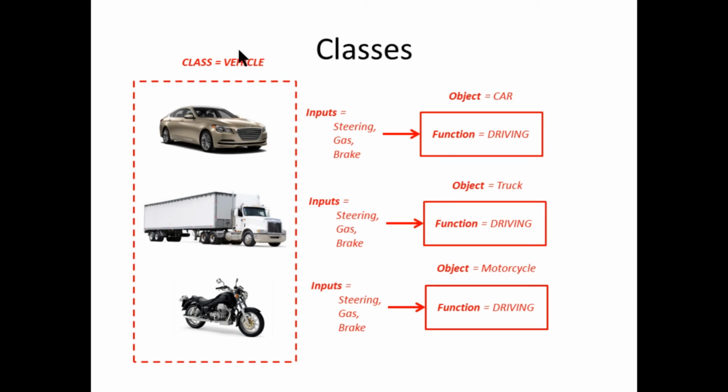Okay, so you can see that a vehicle can be defined as anything that does driving and has 3 inputs, steering, gas, and brake, even though they have different properties and different forms and may do this function differently, but basically they belong to this class of objects.